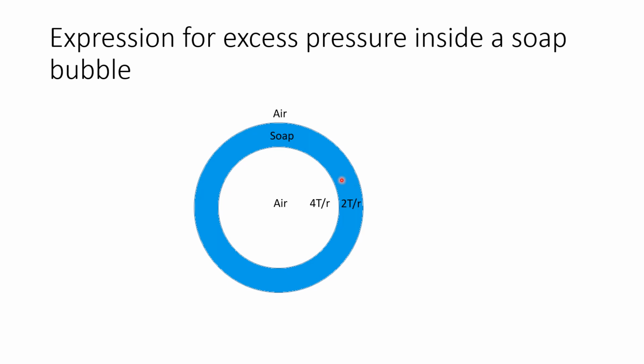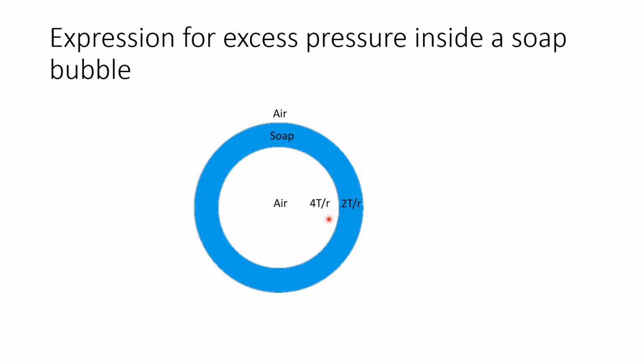Now, if you travel from this surface to the air inside, again you are traveling from convex side of the curve to concave side of the curve, and therefore there will be an increase in the pressure. By how much amount?